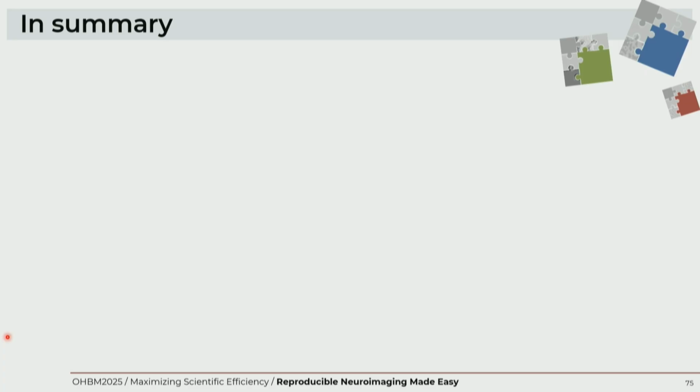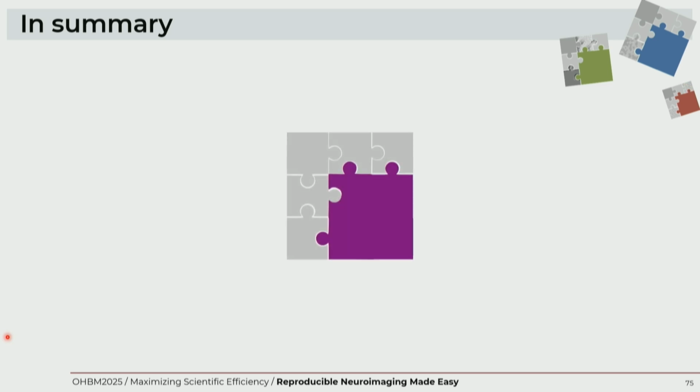In sum, we learned today that software containers are standard and isolated units of software, and that they enable reproducible research as they are portable to any operating system and computational environment.